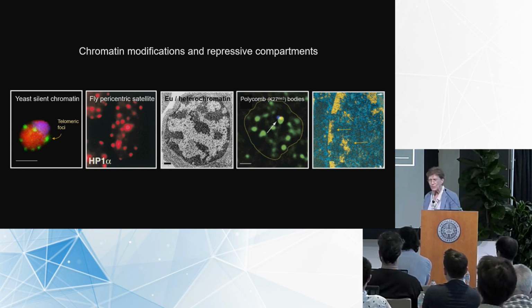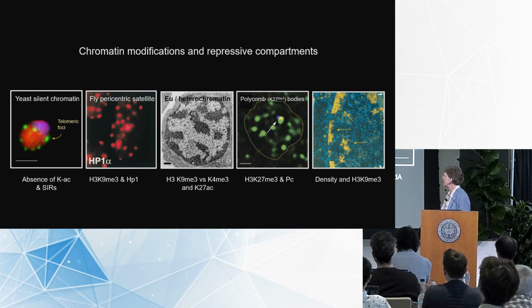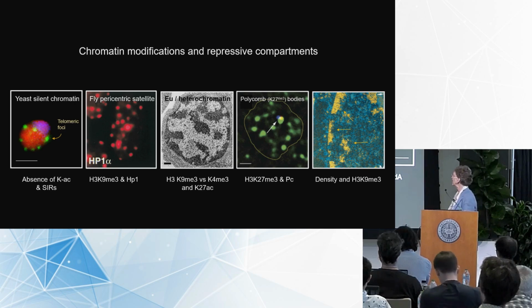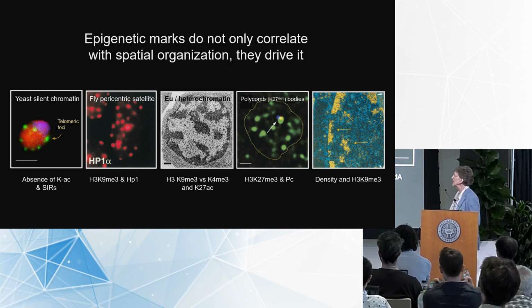Now, the point is that these all correlate with histone modifications and types of chromatin. So in fact, they're listed here, each one a different one. And many of them are species-specific in some ways, because actually the pericentric satellite in fly is not that way in many other species, but it is clear that in this case, it's H3K9 and HP1 that cause this clustering.